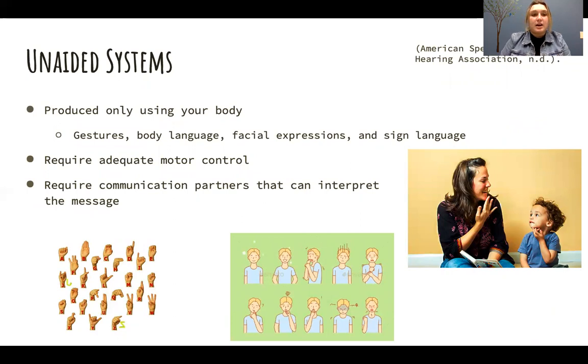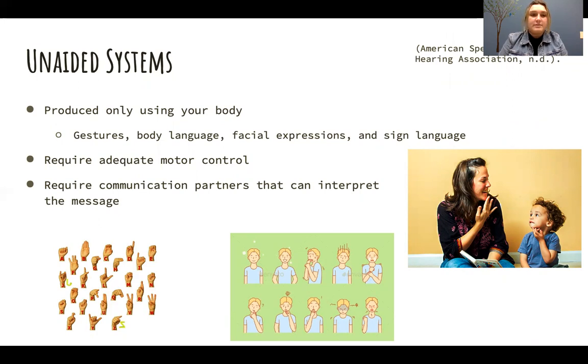So, unaided systems are produced only by using your body, so you don't need anything physical to aid you in communicating. And examples of this include gestures, body language, facial expressions, and sign language. Unaided systems typically require adequate motor control so the child can use their body to make signs or gestures to get their point across.